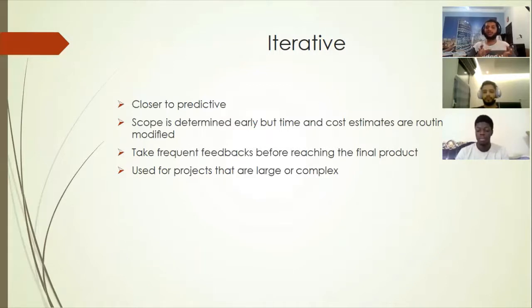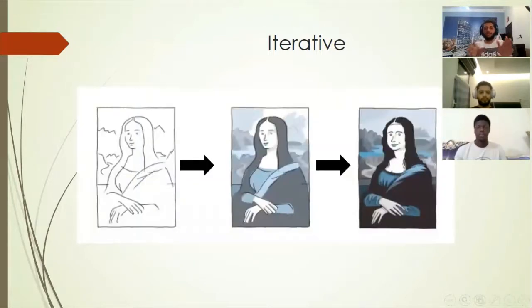And this approach is usually used for projects that are very large or very complex, because it is easy to change the plan in it. And this image explains how this works.